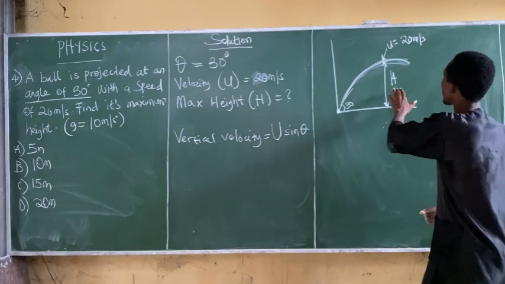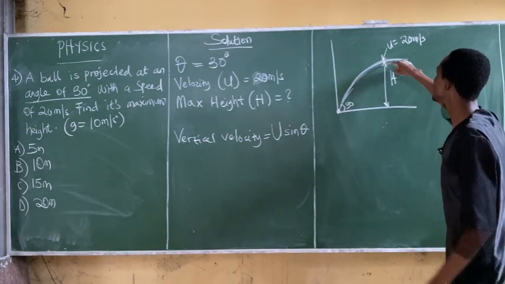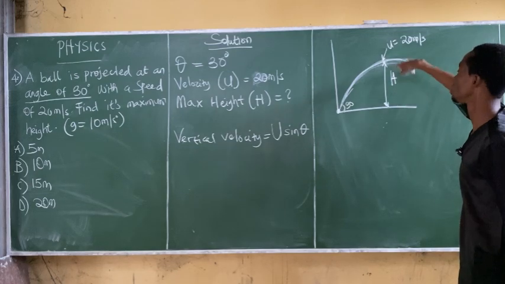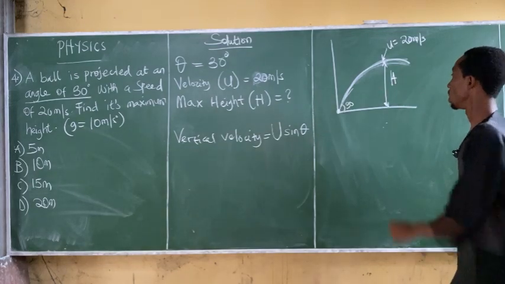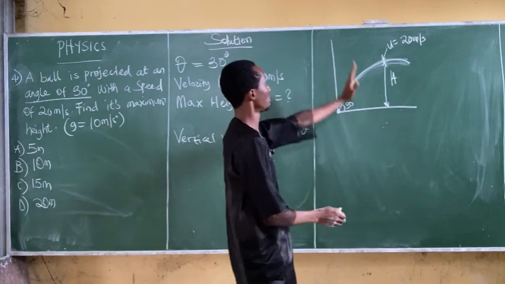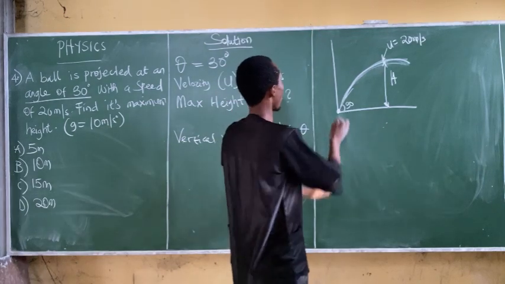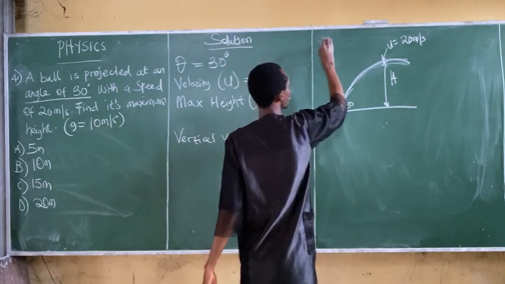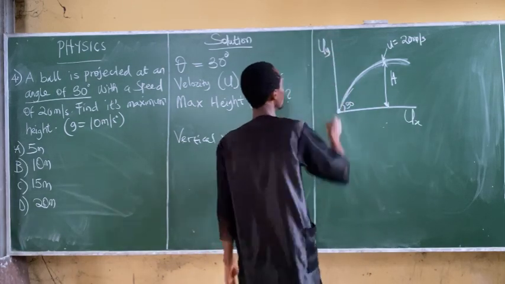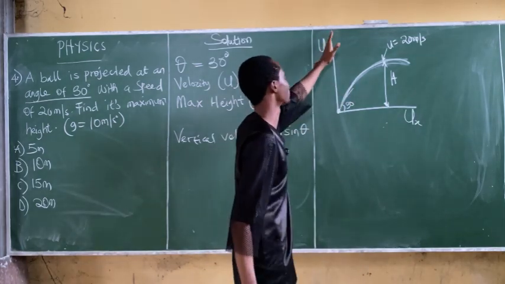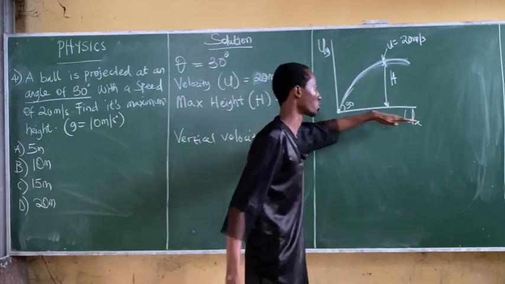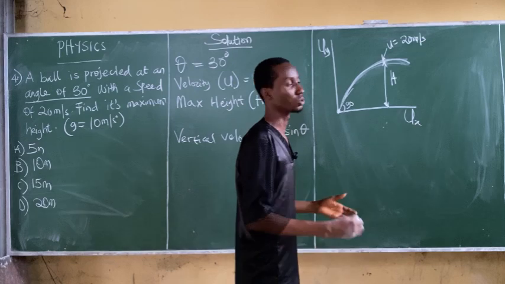Now, like I said earlier, the maximum height is reached when the vertical velocity is equal to 0. If we resolve this to the vertical direction, that is the y-axis, let's call this ux, the horizontal velocity, and this uy, the vertical velocity.